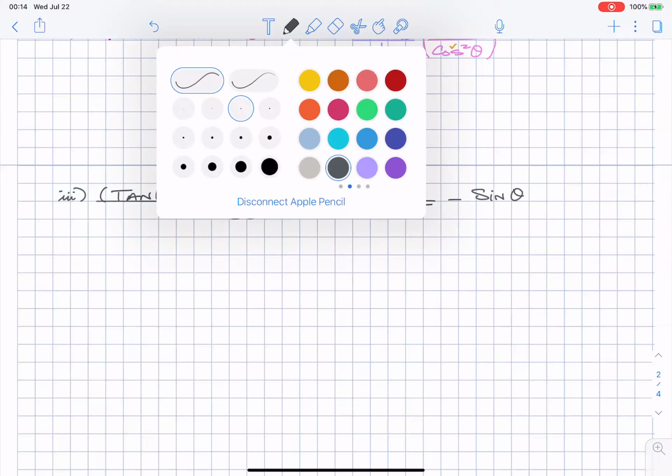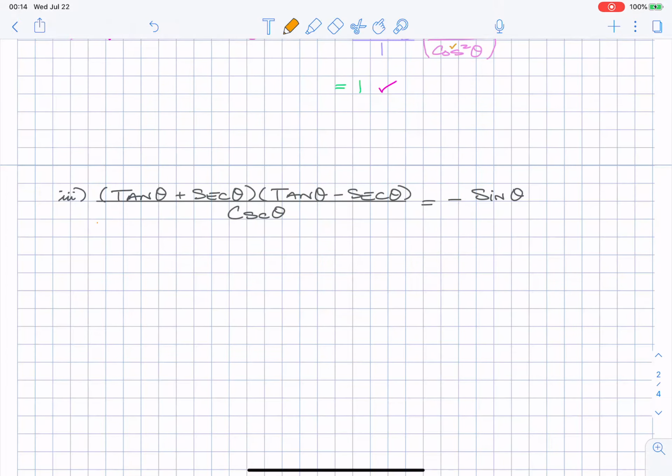Okay, so it should be evident that the ugly side is here on the left. This is much uglier than negative sine. So I'm going to start with this ugly side.